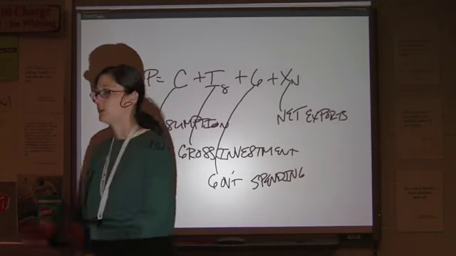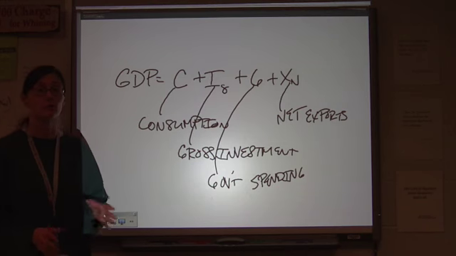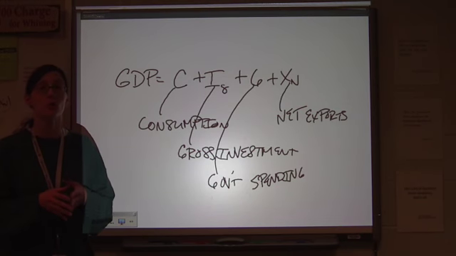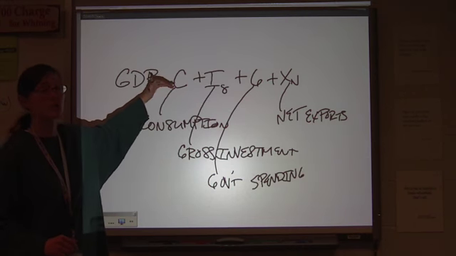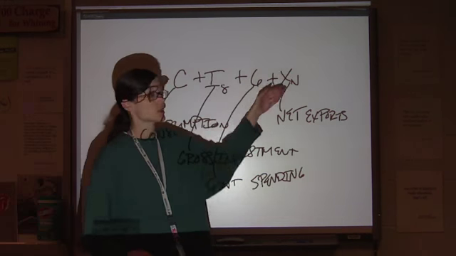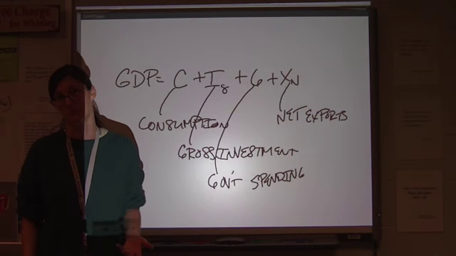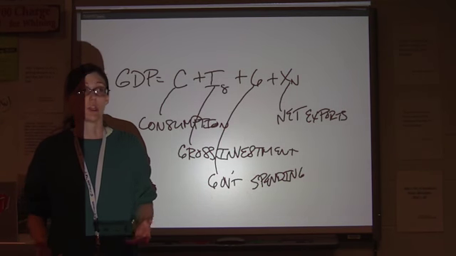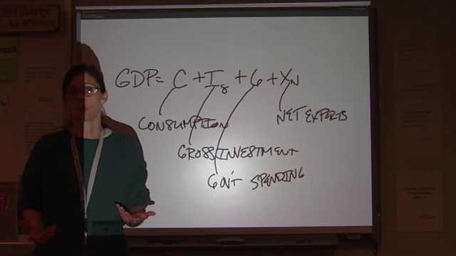Now, you don't want to monkey with the order in which you have these variables because they are in descending order. That means the biggest component is consumption or consumer spending. The smallest component is net exports because it's pretty much going to be negative in the United States. We have a negative trade balance. We import more than we export.